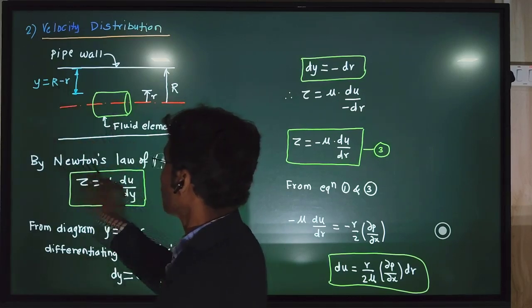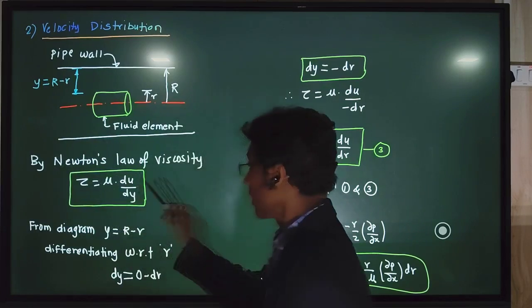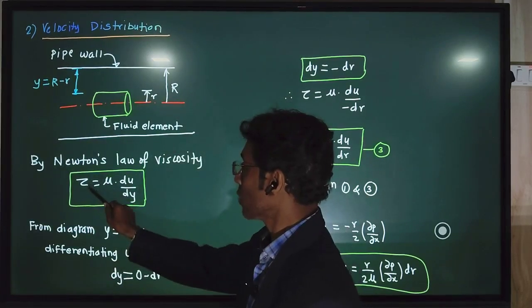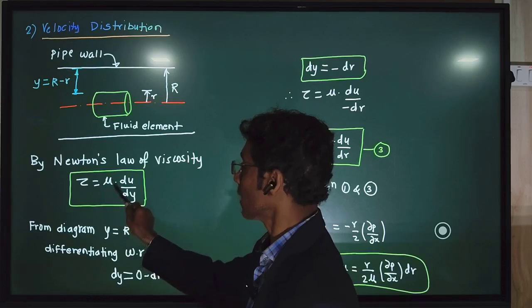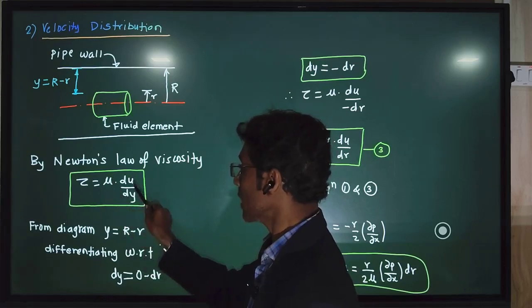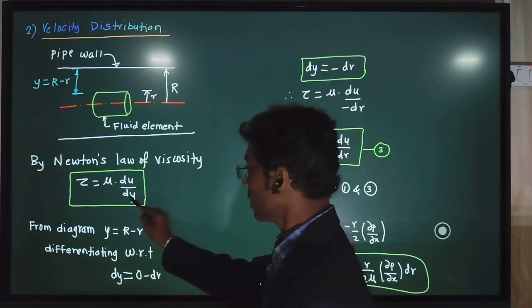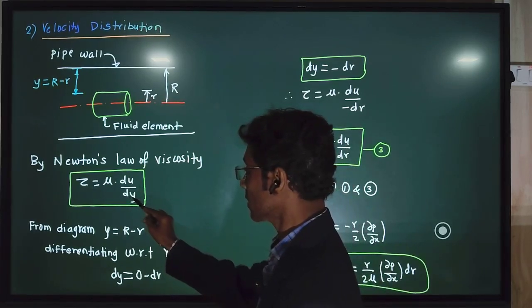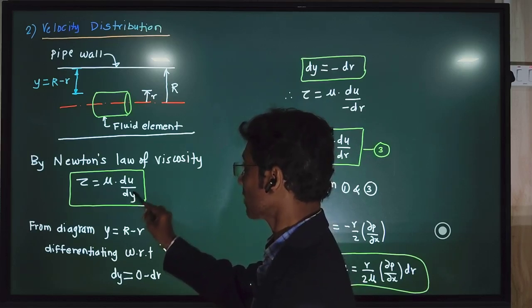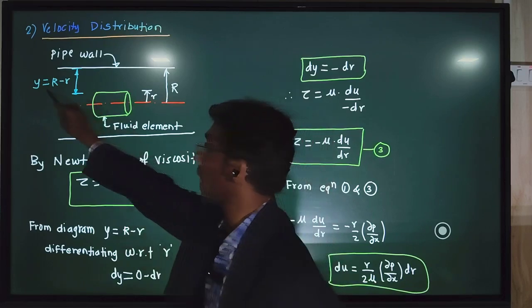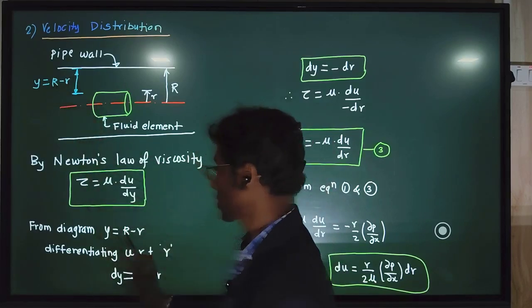Here by Newton's law of viscosity we have tau is equal to, means shear stress is equal to mu, that is the dynamic viscosity, into du upon dy, that is the velocity gradient. Here this dy is the distance between the layers. For that we use y is equal to capital R minus small r.